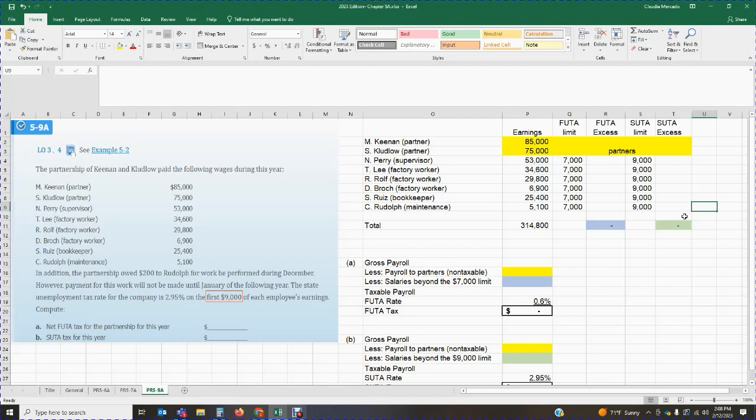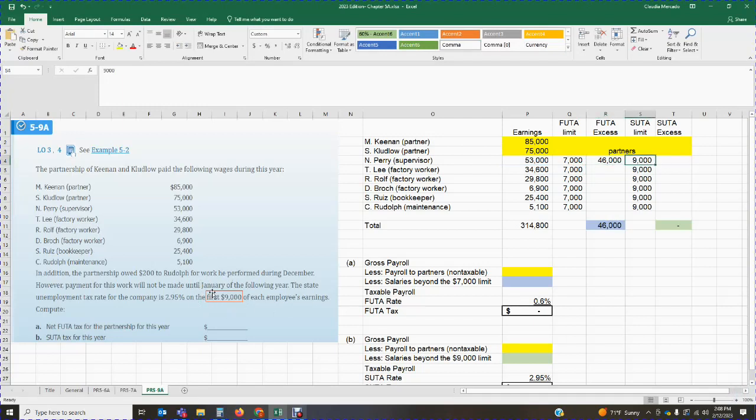Next, we have Perry, who is the supervisor. Perry earned $53,000. We know that for FUTA, we only pay taxes on the first $7,000. So 53 minus 7 means that $46,000 is not taxable. For SUTA, we know that our limit is $9,000.